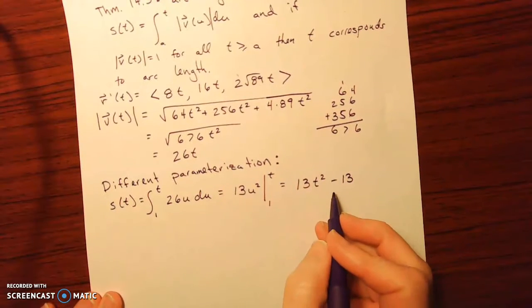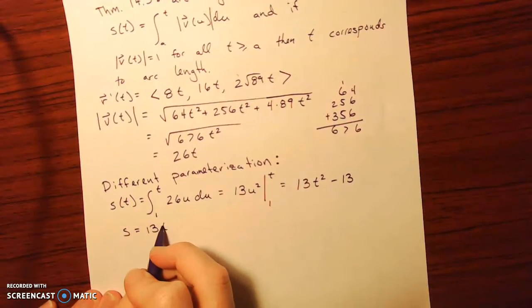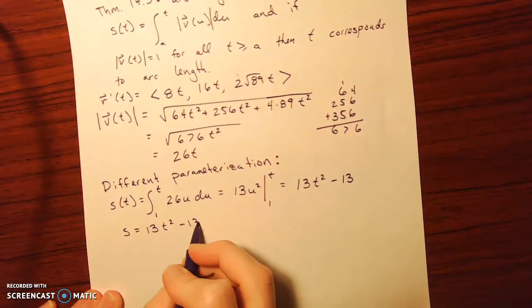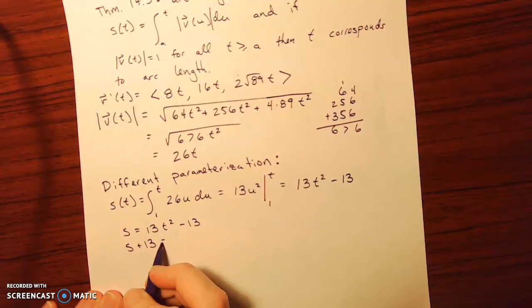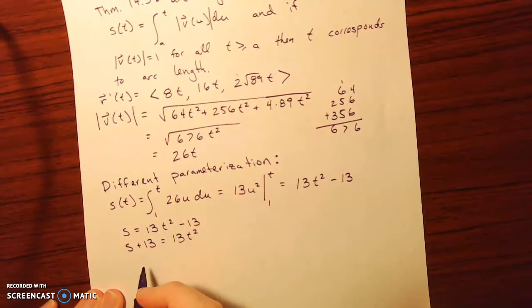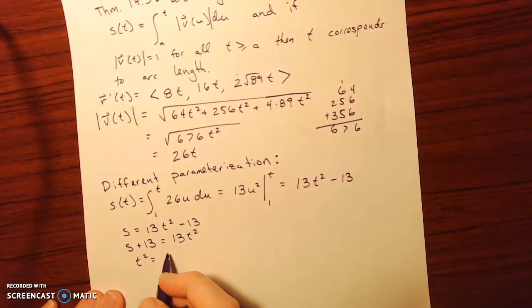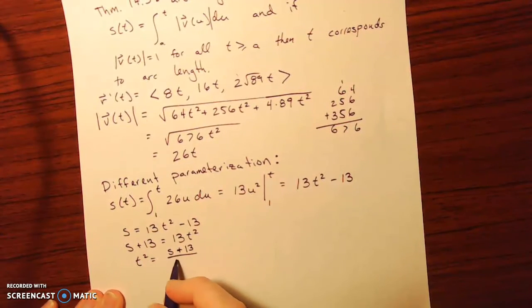So let's solve for t here. I have s equals 13t squared minus 13. So I have s plus 13 equals 13t squared. Okay, so I get t squared equals, I'll write it as, s plus 13 over 13.